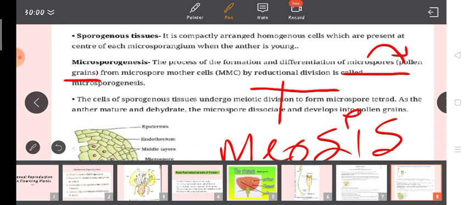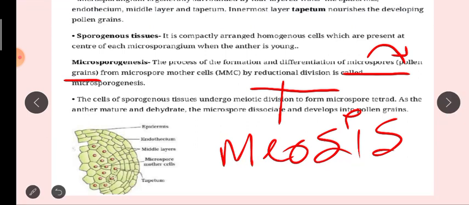So when from microspore mother cell, pollen grains will be developed, it is called microsporogenesis. So microsporogenesis is a very important event in formation of pollen grains from microspore mother cell. This is the main event of how pollen grains are produced.